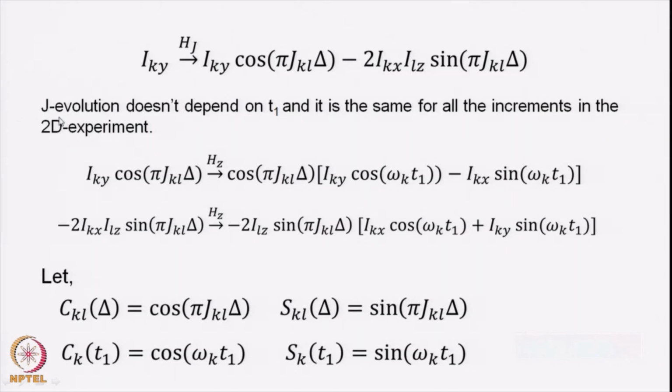So, clearly the J evolution does not depend on T1, and it is the same for all the increments in the 2D experiment.